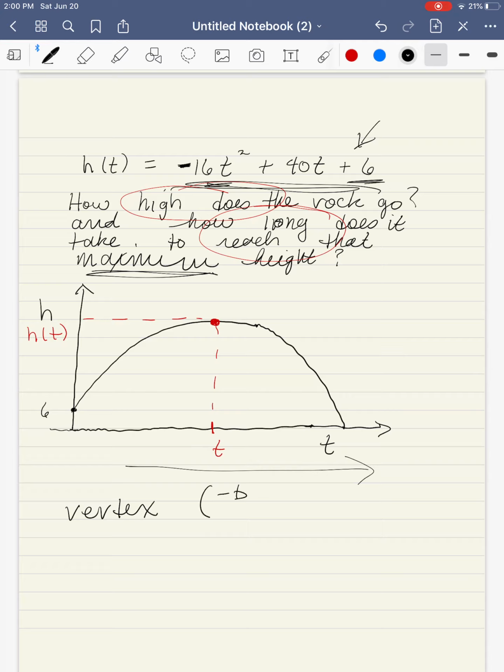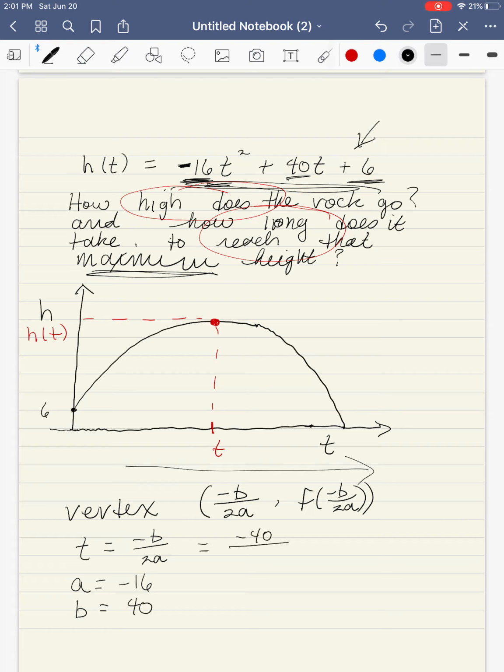All right, maximum of a quadratic means vertex. And the vertex formula is negative b over 2a and f of negative b over 2a. In this case, we're going to be using h of t. So to find t, the time, that's the negative b over 2a. That's the independent variable. So a is negative 16, b is 40.